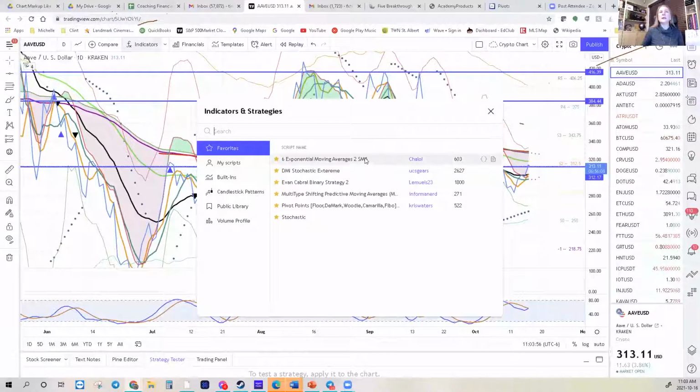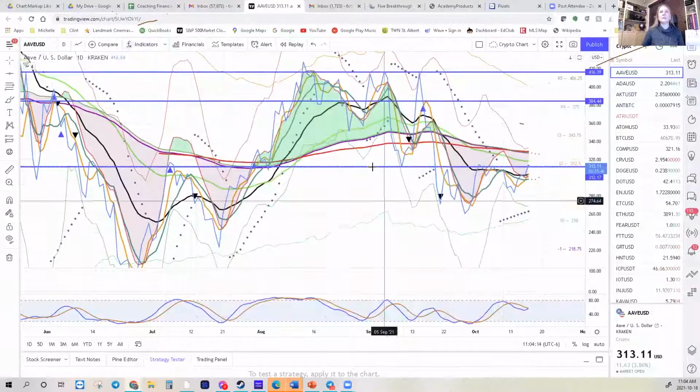I can't put the 21 moving average here, but I put the 21 as an exponential moving average, which is fine. But then I only use up one of my indicators to put all of my moving averages on my crypto chart. So for me, that's really awesome.